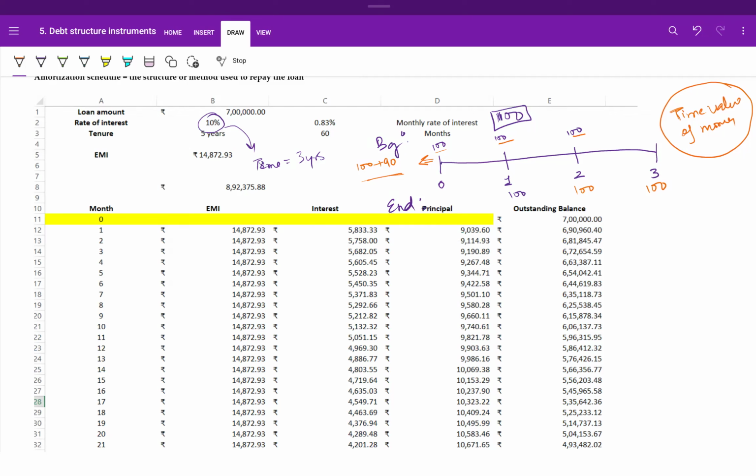Maybe I've incorrectly discounted it, but let me do one thing. I'm discounting 100 by 1.1. It's going to be 90.90. The exact number is 90.90.